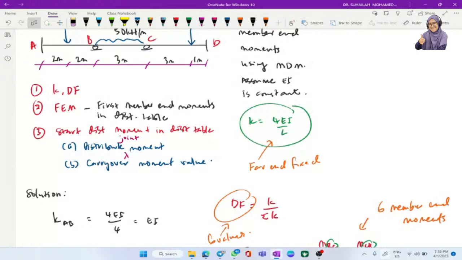To calculate the distribution factor, we have to calculate the stiffness factor first, and please make sure the stiffness factor is also correct. Please use the right formula based on the far end condition. To understand more, please watch more than one recording video. I actually have a lot in my channel that discuss the moment distribution method.